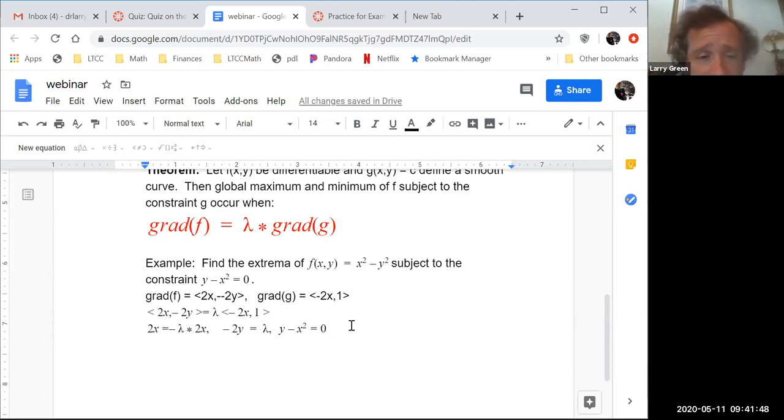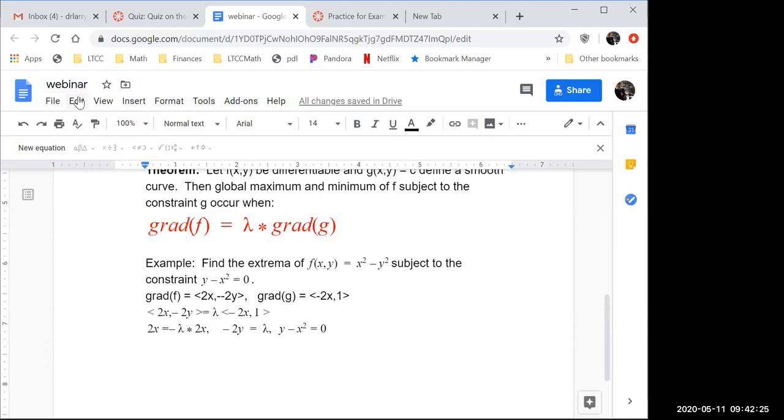So my recommendation, which most of the time works when you're doing Lagrange multipliers in a calculus class, is you solve for lambda in both of the first two equations. So the first equation becomes lambda equals negative what? 1.